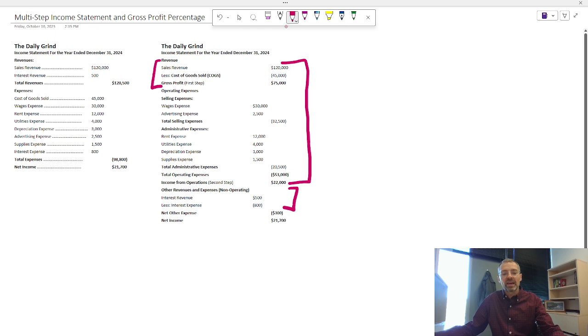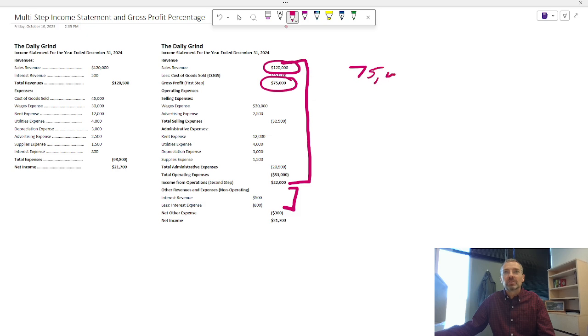Now let's look at how we can use this to get some information out. The ratio for this chapter is the gross profit percentage. That is going to take our gross profit and divide it by our sales revenue. So we're going to say 75,000 divided by 120,000, and that equals 62.5%.